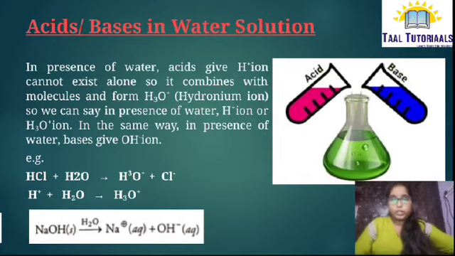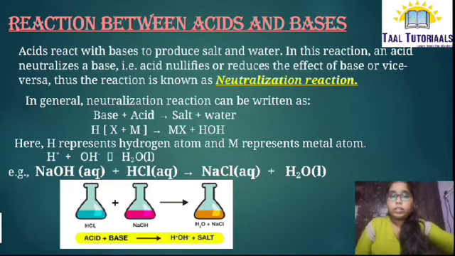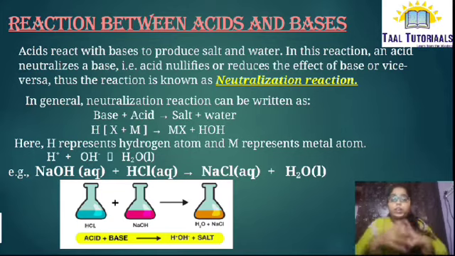Okay. Next, reaction between acids and bases. What happens when acids and bases react together? We'll see now. Acids react with bases to produce what? Salt and water. In this reaction, an acid neutralizes the base.